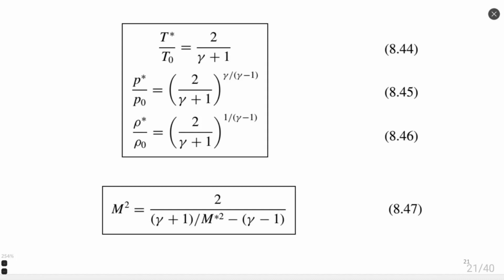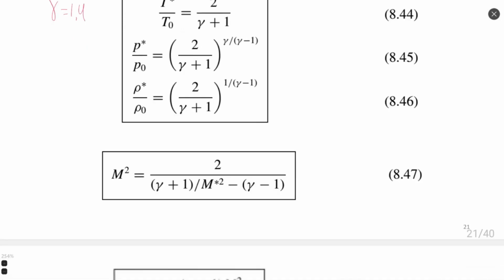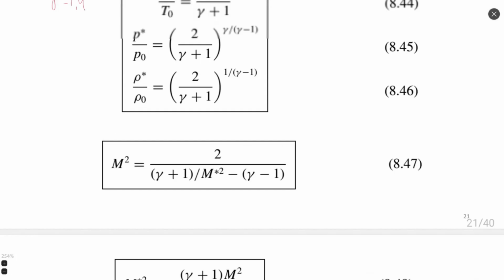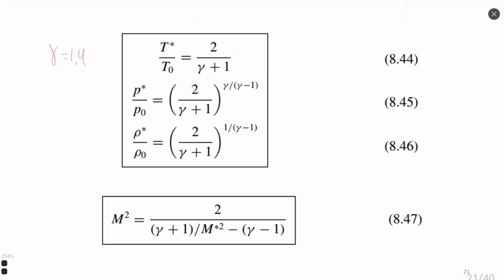For air, it is simple. Gamma is 1.4. So you can see that the ratio of temperature, pressure, and density is fixed between any stagnation point and the characteristic point inside our flow. Sorry, my voice is already down, so I probably will have to finish soon.